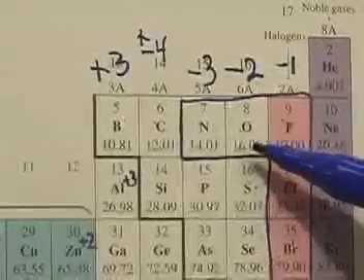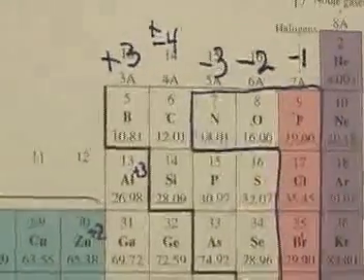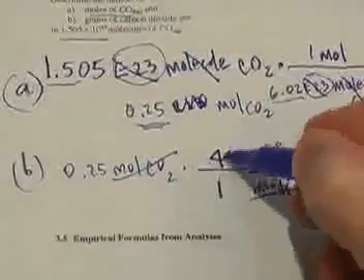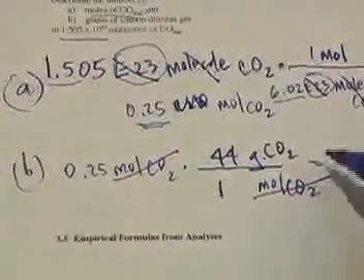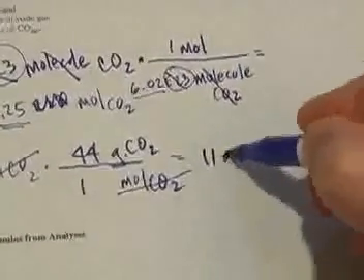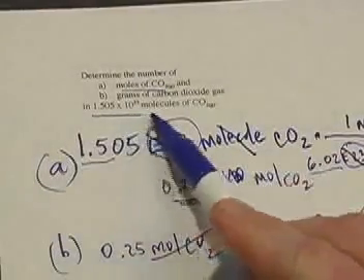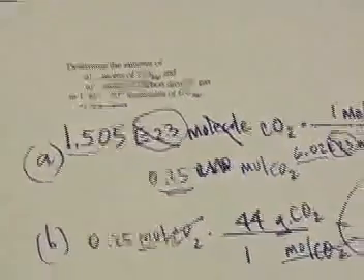So 16 times 2 is 32, plus 12 more gives me 44. So there's 44 grams in 1 mole of carbon dioxide, and 0.25 of 44 is 11. So there are 11 grams of carbon dioxide gas in the 1.5 times 10 to the 23rd molecules of CO2.